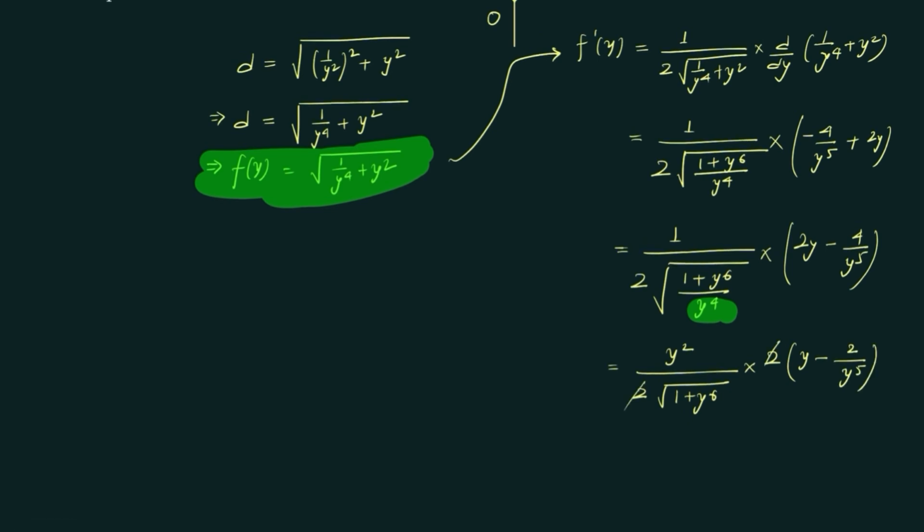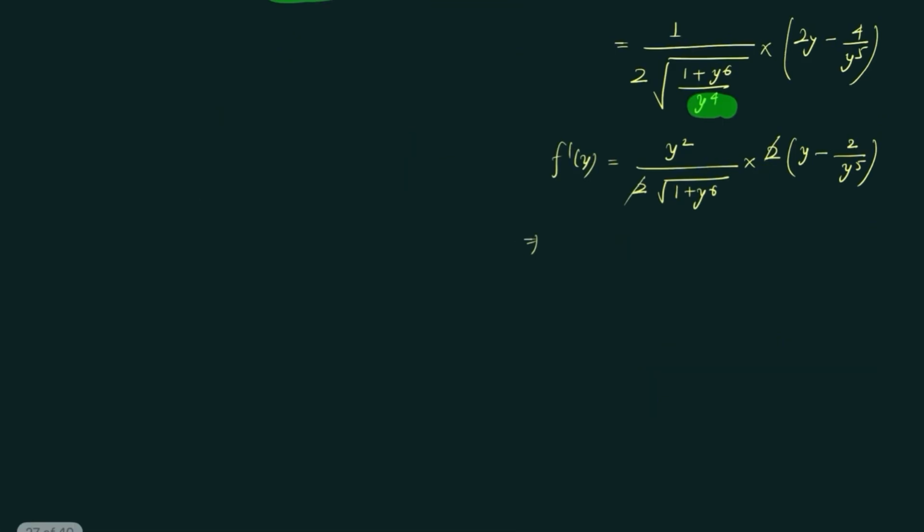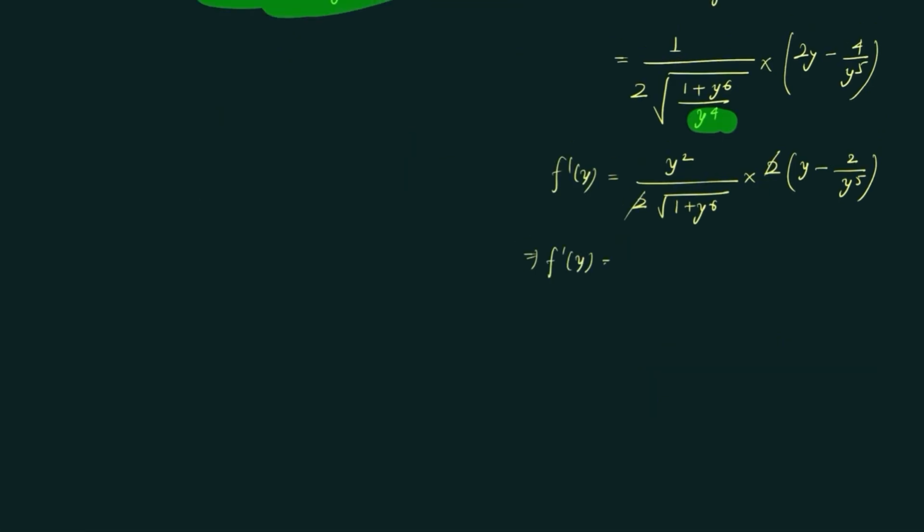This 2 and this 2 get cancelled. Hence my f dash of y will be y square by square root of 1 plus y to the power 6, into y minus 2 by y to the power 5.